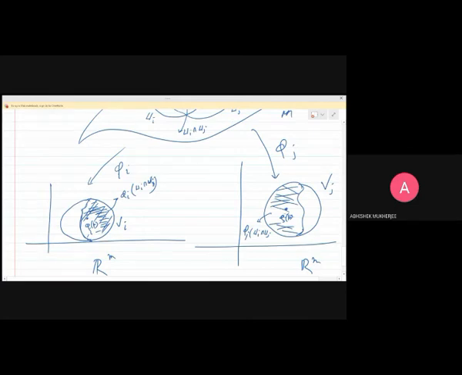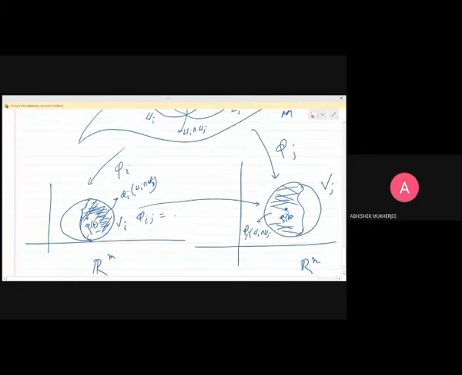So between these two shaded regions, you can set up a map from this to this in this manner.